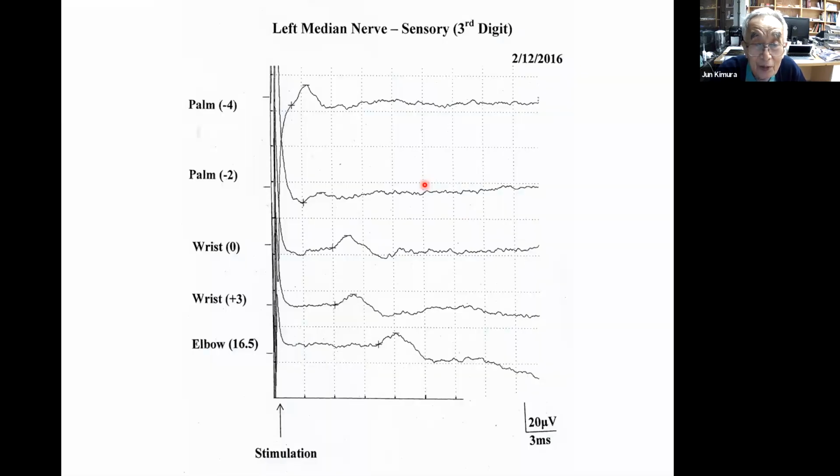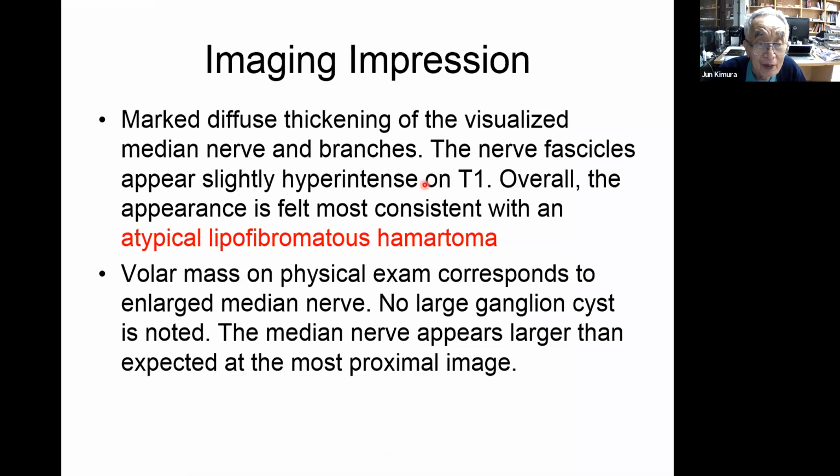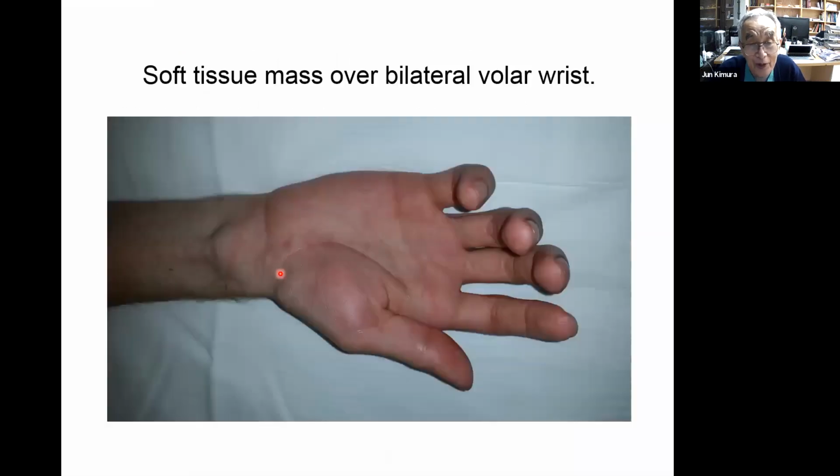And the surprise: next week, same patient came. This is another patient, with marked diffuse thickening of the median nerve at the wrist. When we saw this patient, we knew right away, without doing anything, it's median nerve swelling, and this must be carpal tunnel syndrome.